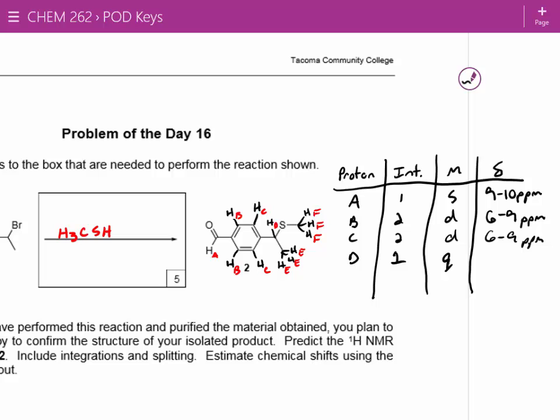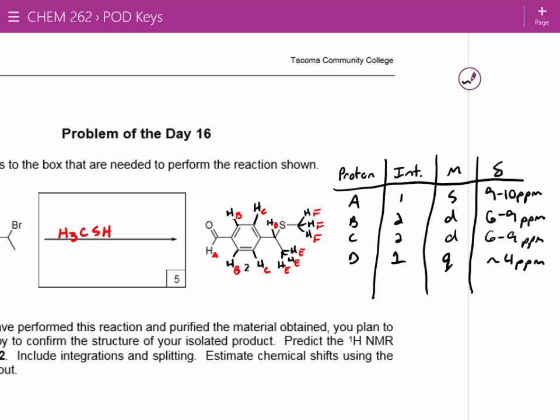So 3 to 2. Those effects are cumulative. So this will probably show up closer to 4. So let's label this approximately 4 ppm, because both of those effects, that polarity effect and that effect of being near the aromatic ring, get added together a little bit. That means they're potentially going to show up even above 4.